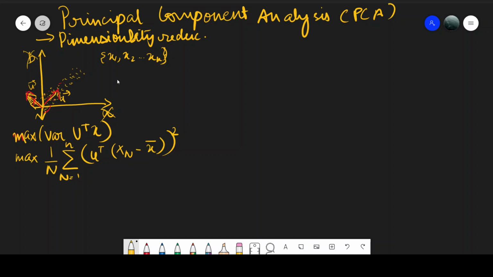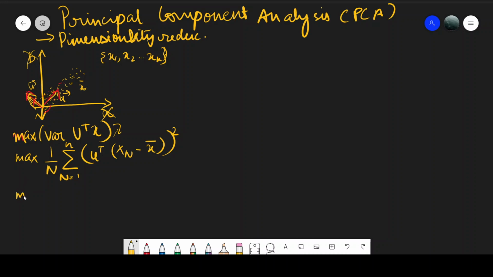So x bar is basically the mean of all of these data points, okay? And this is the formula for variance from your stat 101. So basically I've just changed this equation to this. I've manipulated it so that I can solve it for the optimization.